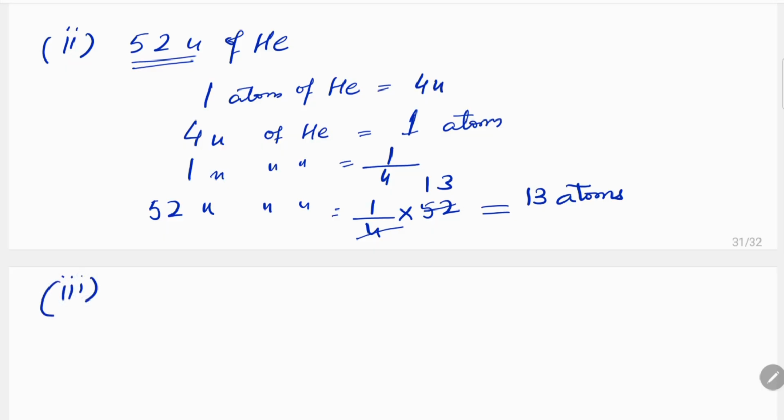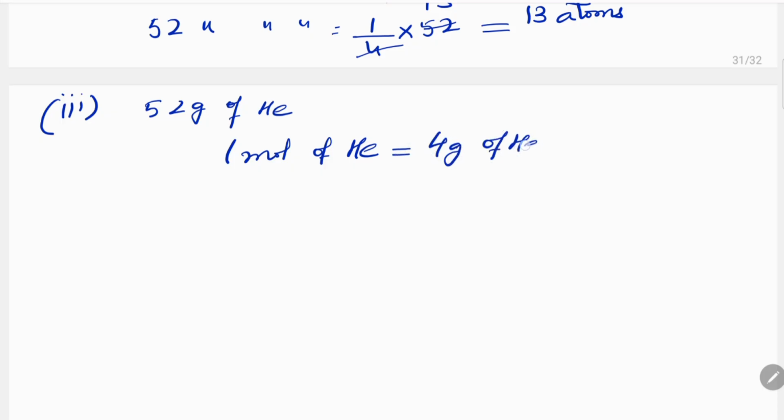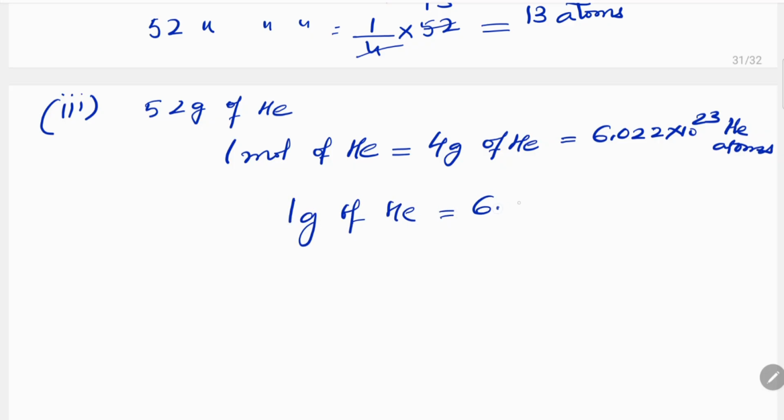Let's do the third part, which is 52 grams of helium. So we know that 1 mole of helium is equal to 4 grams of helium, which has 6.022 into 10 raised to power 23 helium atoms. 1 gram of helium will have 6.022 into 10 raised to power 23 divided by 4 helium atoms, and we have been given 52 grams of helium.